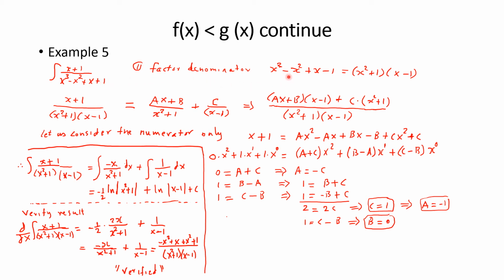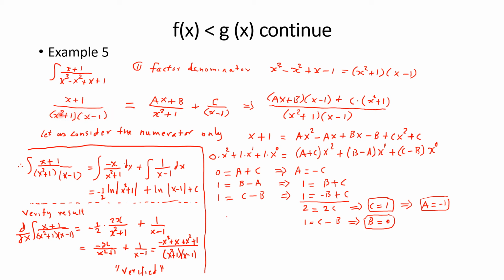So this is the denominator. It is going to be equal to x squared plus 1 multiplied by x minus 1. So we could just go ahead and replace the denominator by its factors. So we have x plus 1 divided by x squared plus 1 multiplied by x minus 1. Okay, so we're going to go ahead and split this function into two parts.